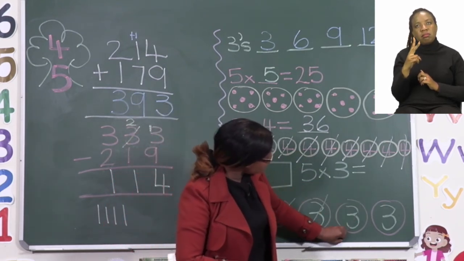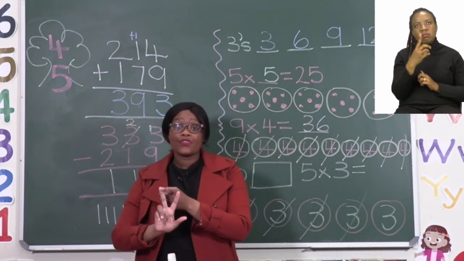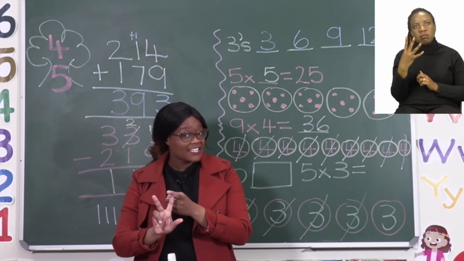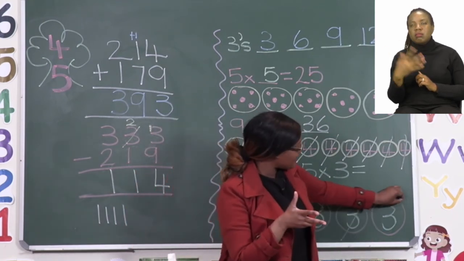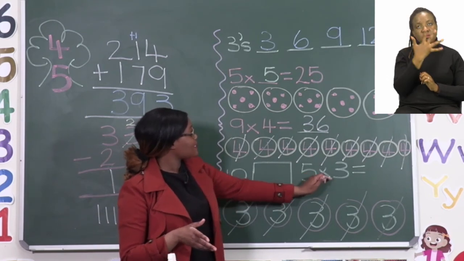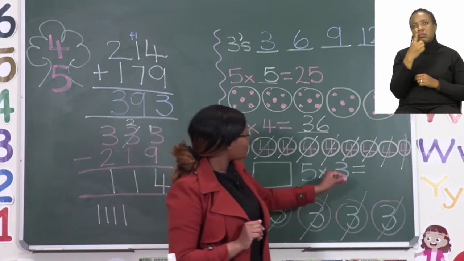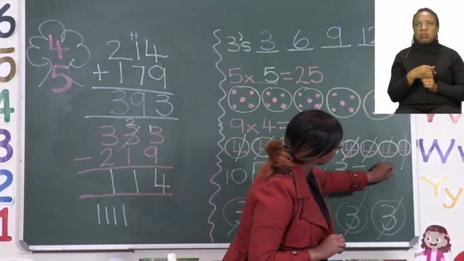I've counted. Then the last one, 13, 14, 15. So I now know that 5 sets of 3 or 5 times 3 will give us 15.